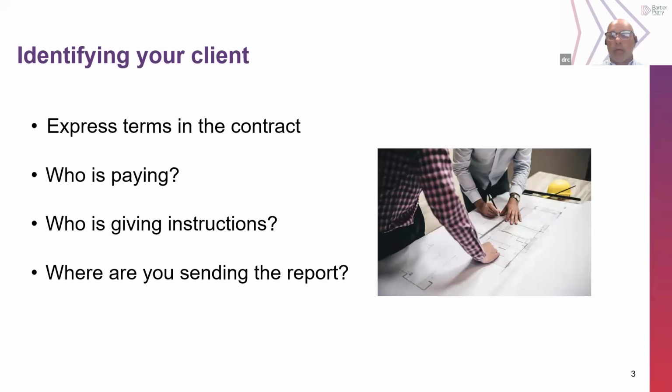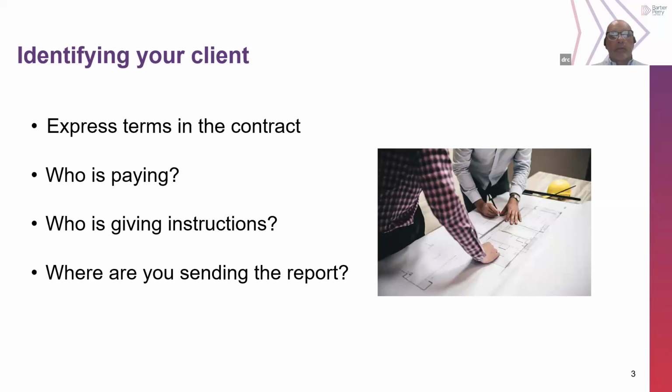If you do, however, it might be a problem, because although you've got the solicitor's name there as a client, the solicitor is really retaining you on behalf of the solicitor's client, which means the solicitor is acting as the agent. So although you might think you're only on the hook to the solicitor, you're actually on the hook to the solicitor's client. You want to be careful about what it says expressly in your contract.